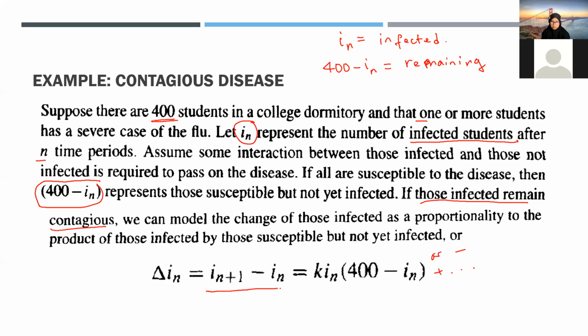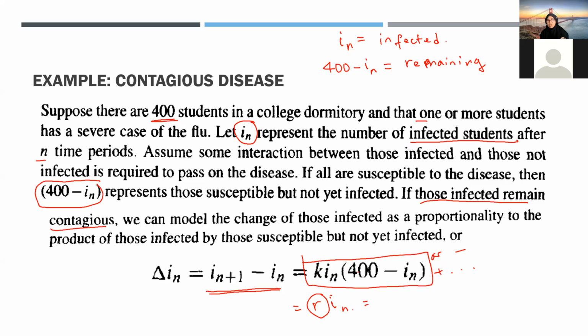So it's the same thing as what we did before. So apa maksudnya kalau tengok kat sini, KIN, this is the same thing. Let's say this is like R of IN. R is the rate that is based on the carrying capacity, because the maximum people that can be infected is 400.